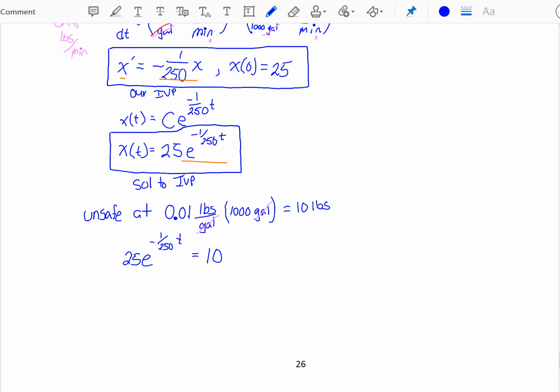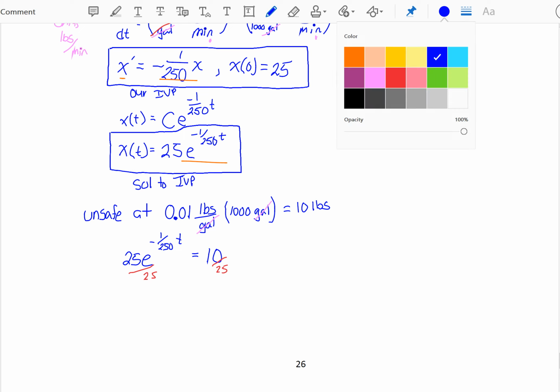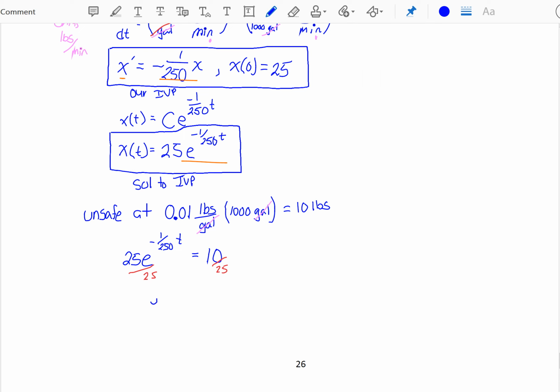Now, if I'm going to solve this, we want to get t by itself, so you're probably going to divide both sides by 25 to obtain e to the negative 1/250th t equals what is 10 divided by 25? 10 divided by 25 is 0.4.